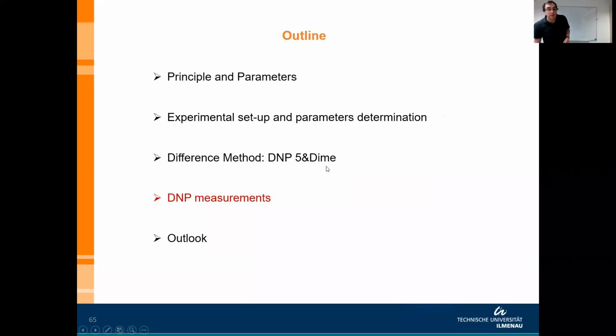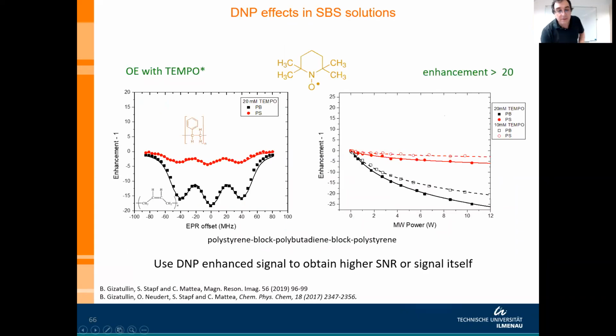And let's go now to describe systems in the last part, I mean, concrete examples. Here we have an SBS solution, and we measure here in a copolymer. This is the name of the copolymer. Here we have polystyrene combined with polybutadiene in this block copolymer.